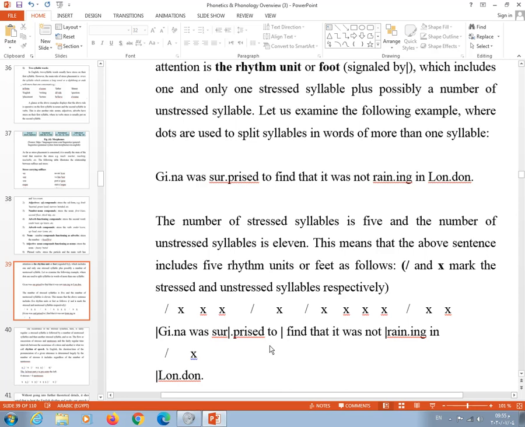This is how we beat the rhythm of the English language, because English is a stress-timed language. What we count on is the number of stresses, not the number of unstressed syllables at all.